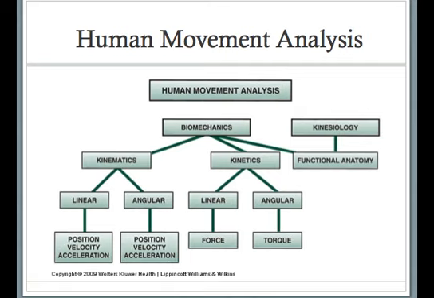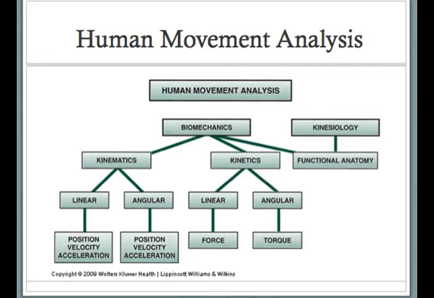Further on down the graph, both kinematics and kinetics are broken down into linear and angular movements. What you can see here is that kinematics relates to position, velocity, acceleration. It really doesn't care about how that movement is created. That's the role of kinetics.